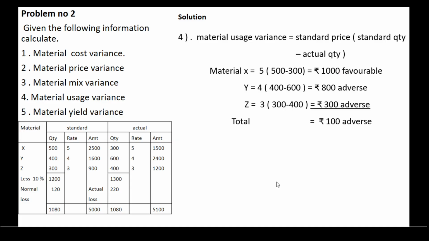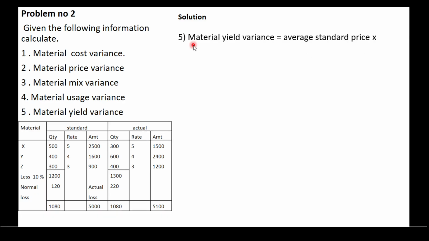And the next, there is the calculation of material yield variance. This material yield variance is calculated using the formula: average standard price into standard loss on actual input minus actual loss. So this is the formula for the calculation of material yield variance.